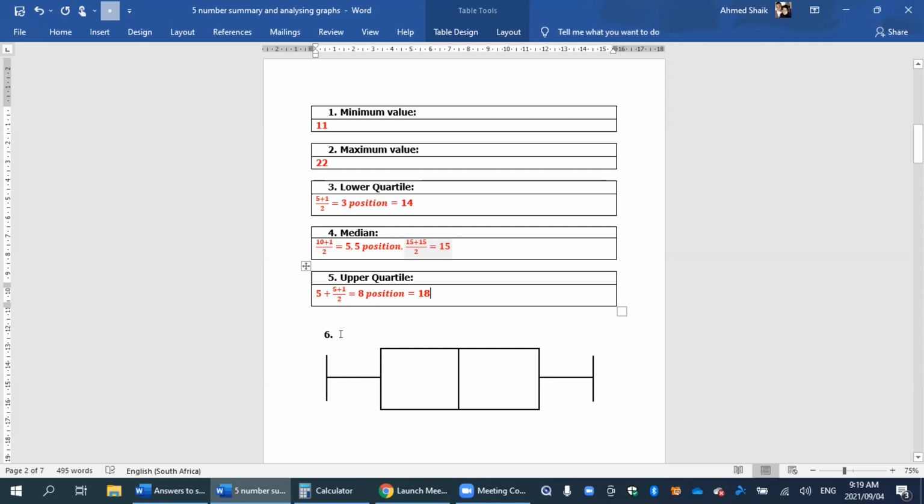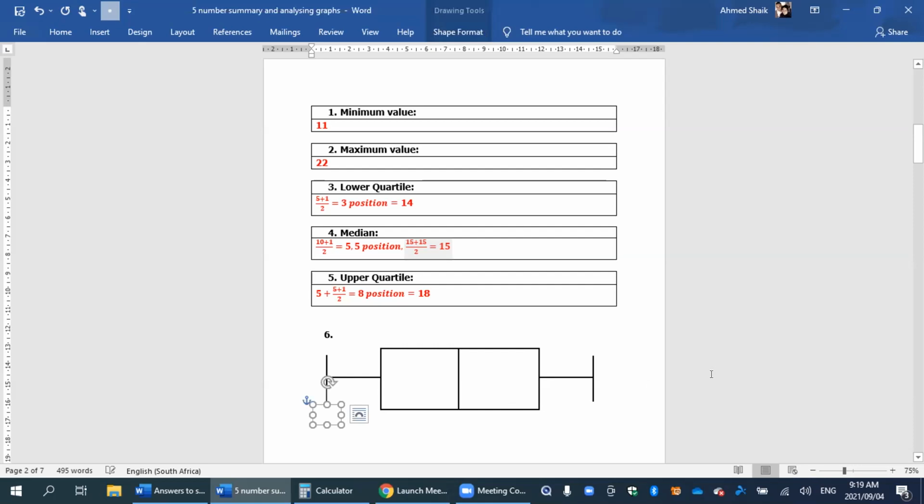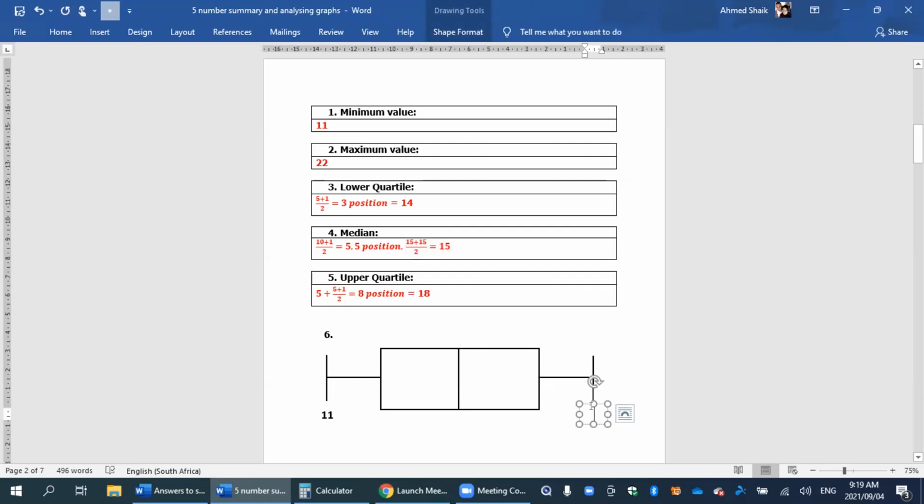So let's input our values. If we're looking at my minimum value, we've already calculated that, and it was 11. If we look at our maximum value, it's 22. Let's input that. And let's look at Q1. Q1 was equal to 14.